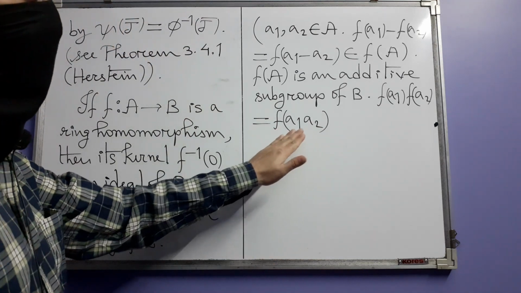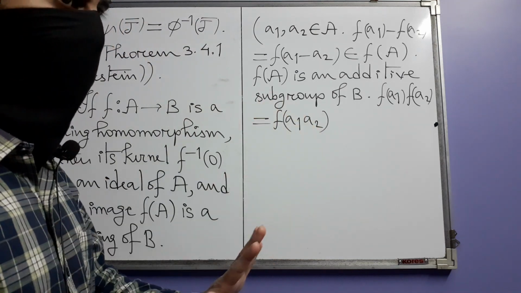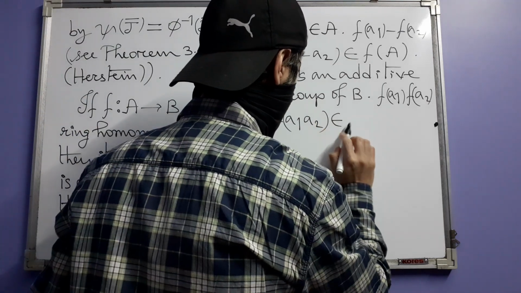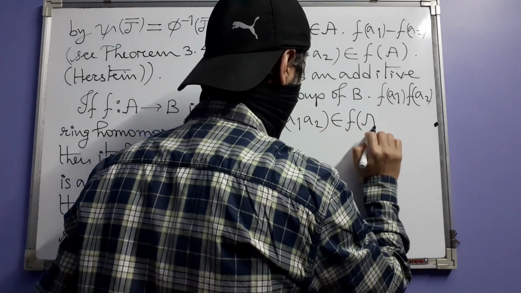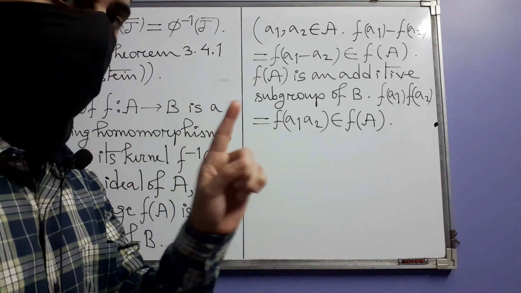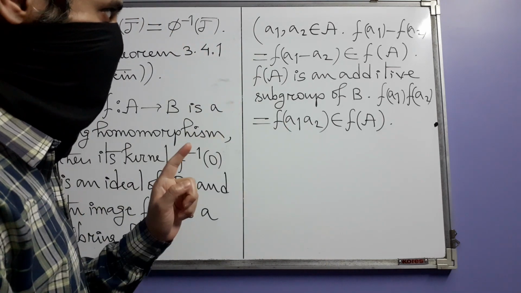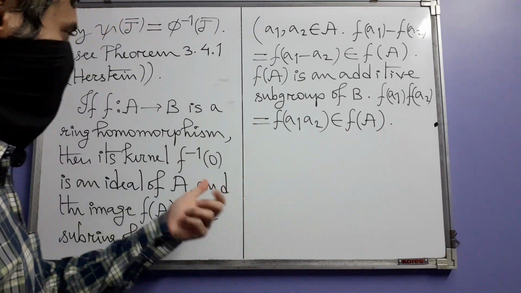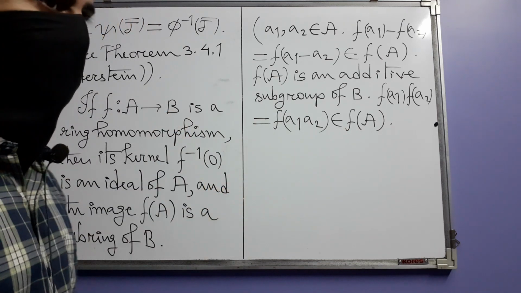So this is again the f image of a1 a2, and a1 a2 is again an element of A. So this belongs to f of A. But that's not enough. We still have one more thing to show. We still have to show that f of A contains the identity element of the ring B.